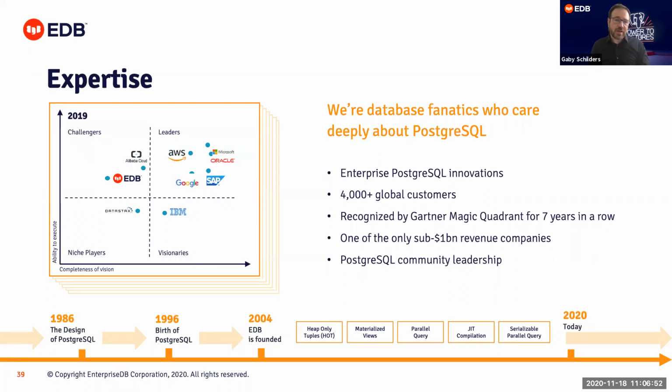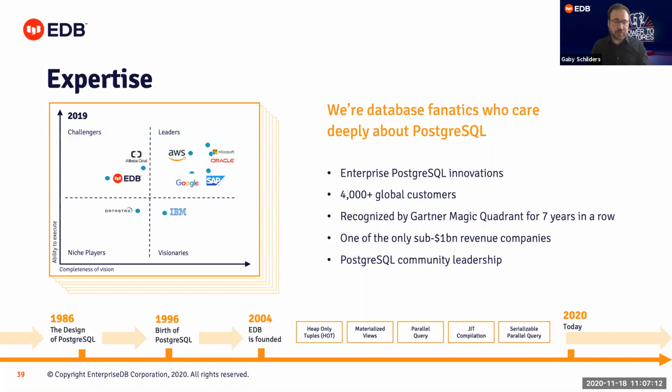But the reason that we feel that we have the authority to provide you with these solutions is based on the fact that we've been doing this for a long time now. Postgres has existed since the early days of relational databases in different forms and through different parents, basically.